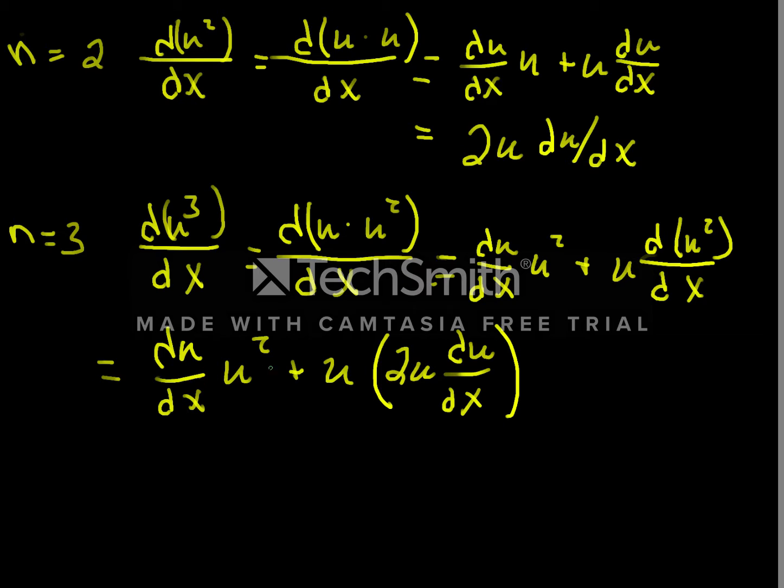Now, I've got a u squared here, and when I add it here, I get 3u squared du/dx. And now, what happened? Just like the pattern said in the theorem, that 3, my exponent, becomes my coefficient, and the degree of my function goes down by 1.